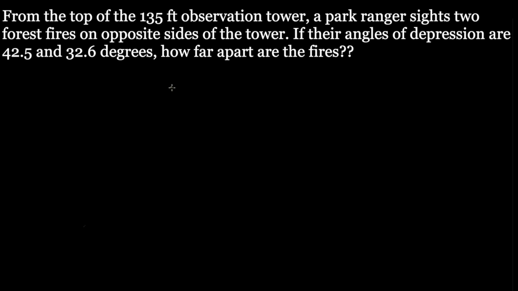The first thing we need to draw is a straight line, which will be known as the observation tower. We know that this height is 135 feet. Now, from the top of this tower, we are going to draw two lines going in opposite directions. These lines represent the park ranger's line of sight to the fires which are on the left and right of the observation tower.